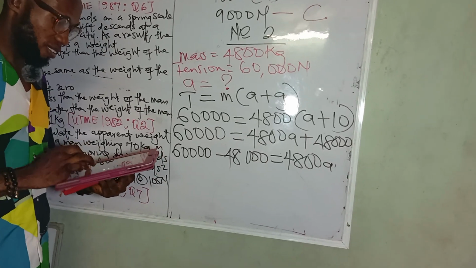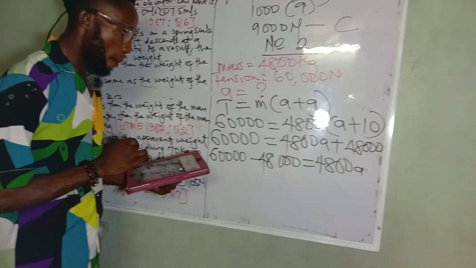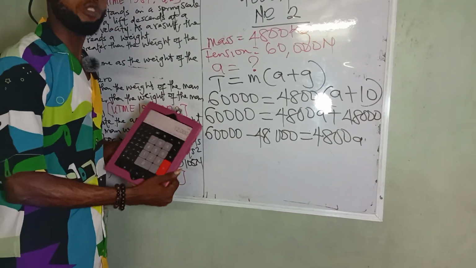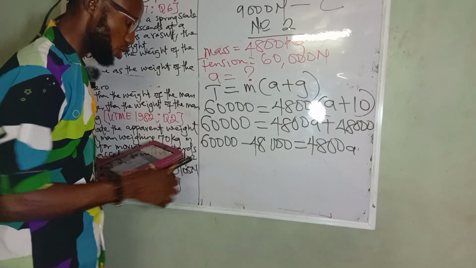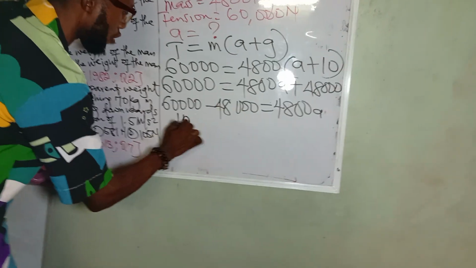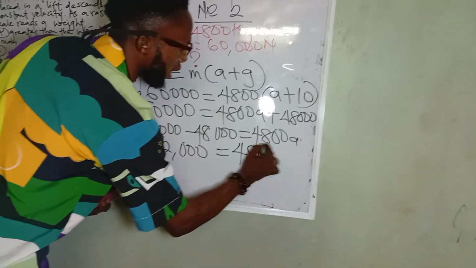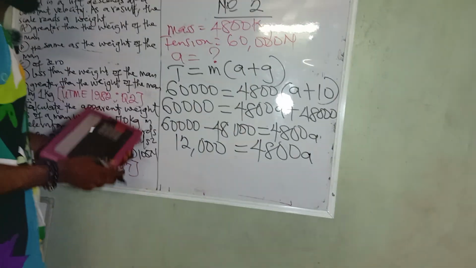60,000 minus 48,000 will give us 12,000. So we have 12,000 equals 4,800 A. What is the next thing I'm going to do?